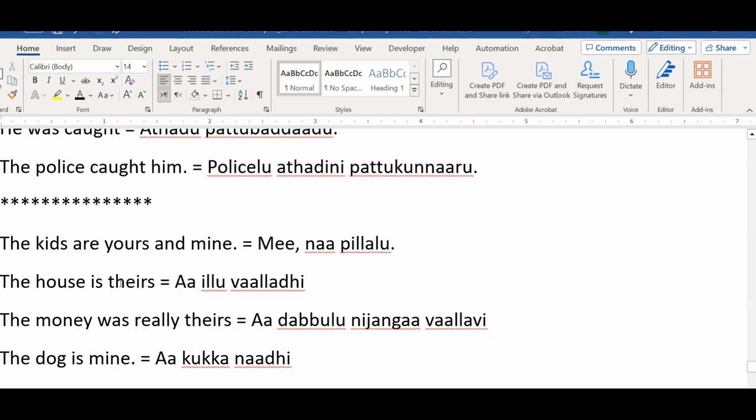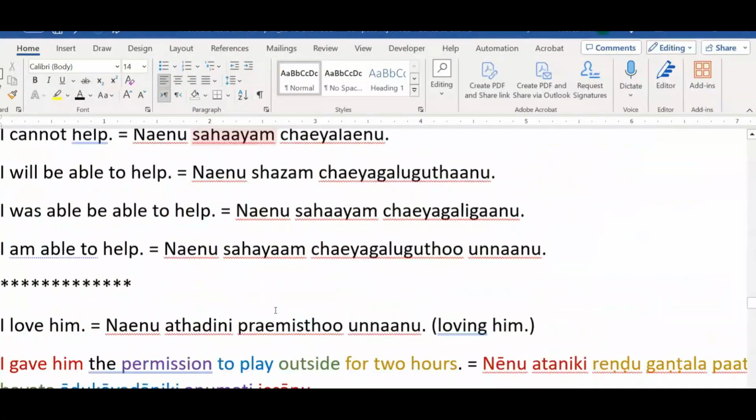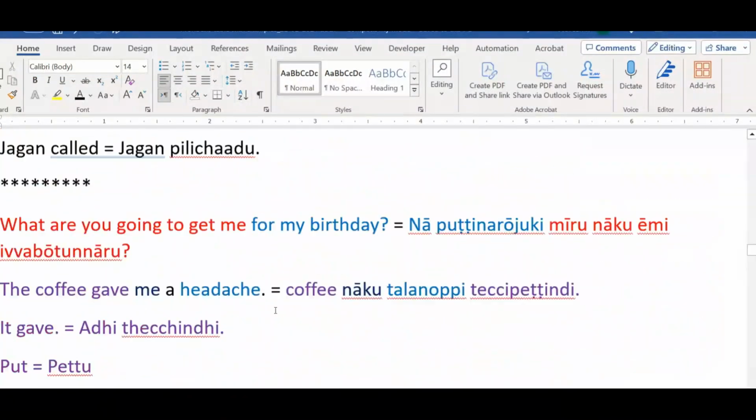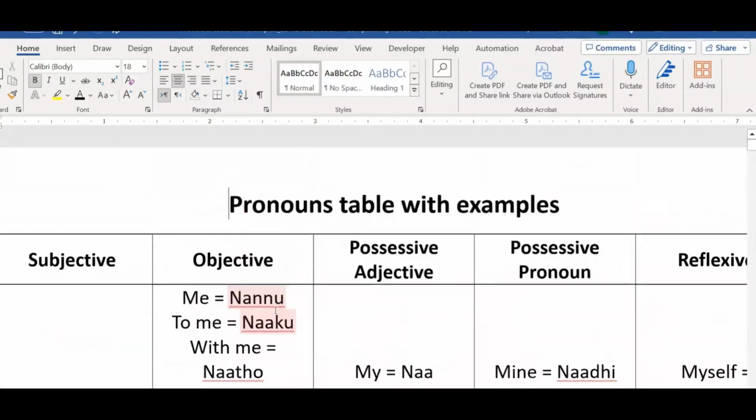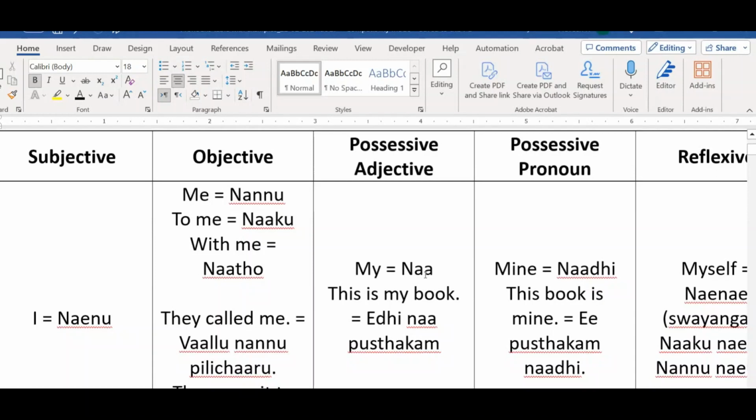Let me see what is here. What is our focus here? Here I mentioned possessive adjective, possessive pronoun. Let's see in the same area. Basically, my means naa, mine means naadi.